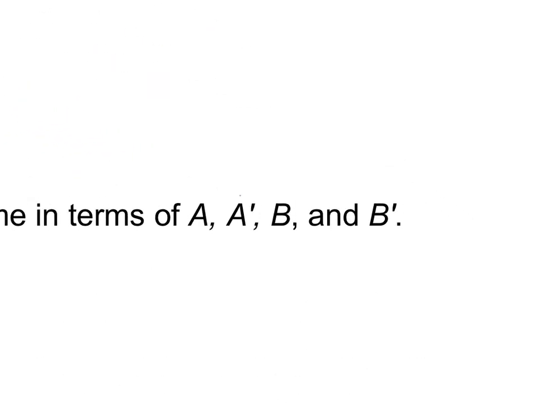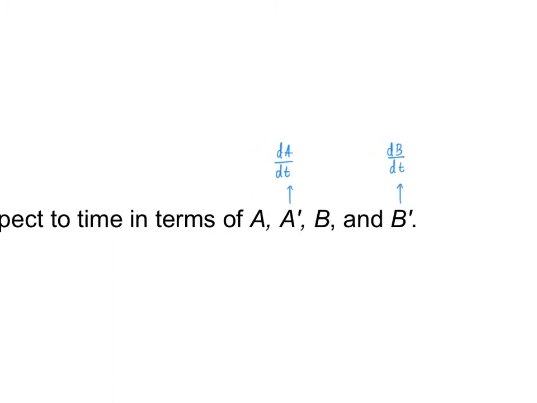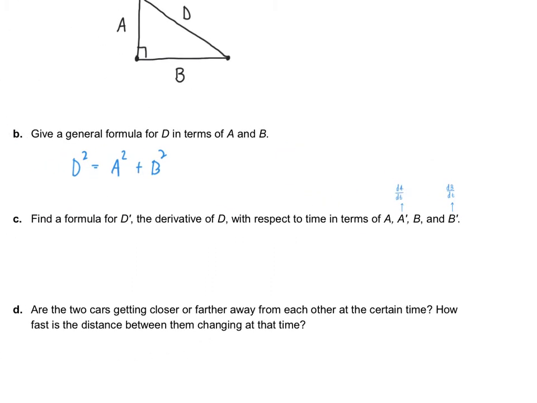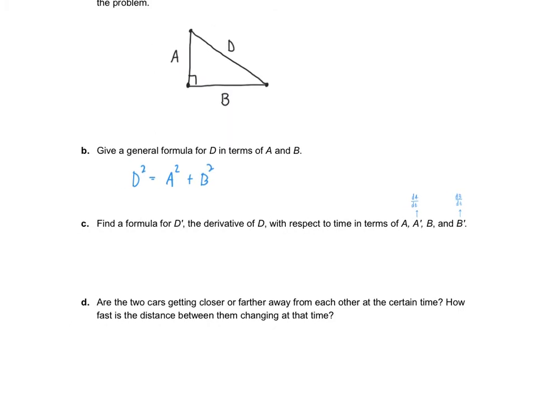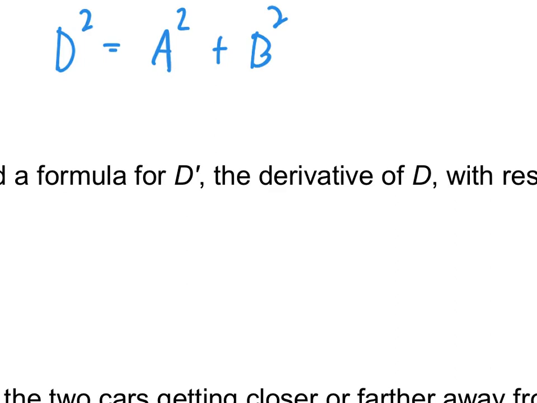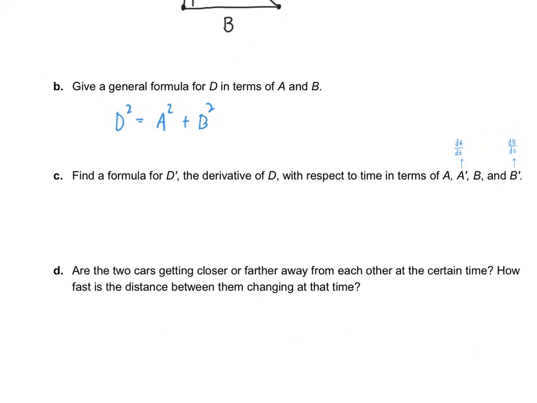A prime is the same thing as dA/dt in this context, and B prime is the same thing as dB/dt in this context. Sometimes A prime and B prime will be dA/dx or dB/dx, so you have to use context to tell. And when they say find the formula for D prime, we'll solve for D prime.